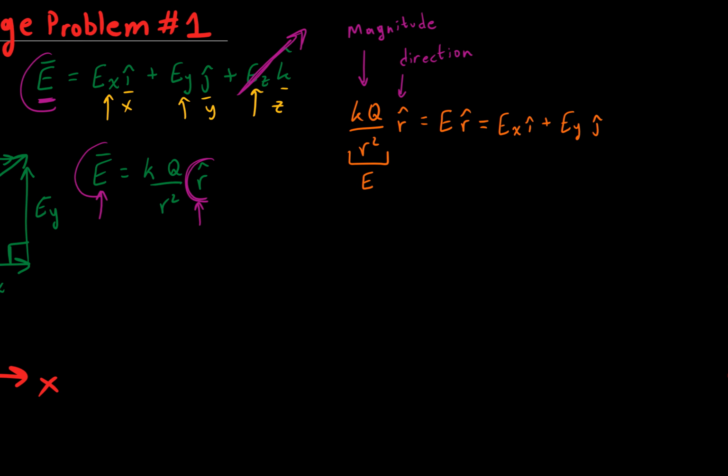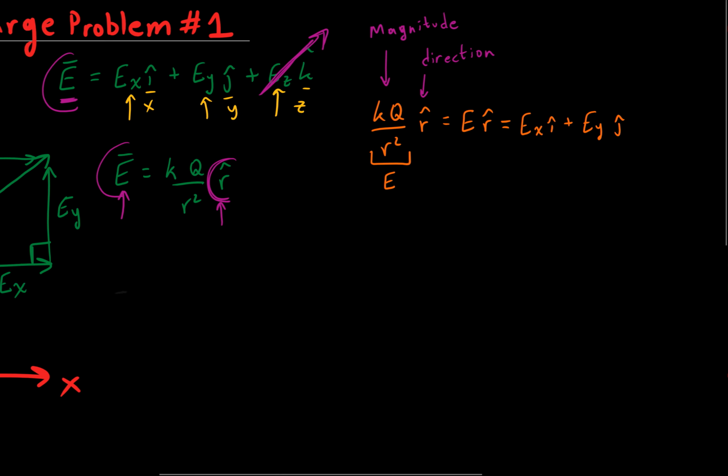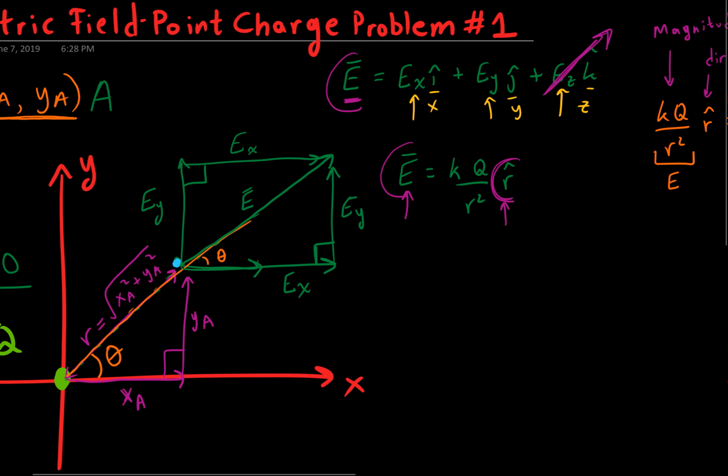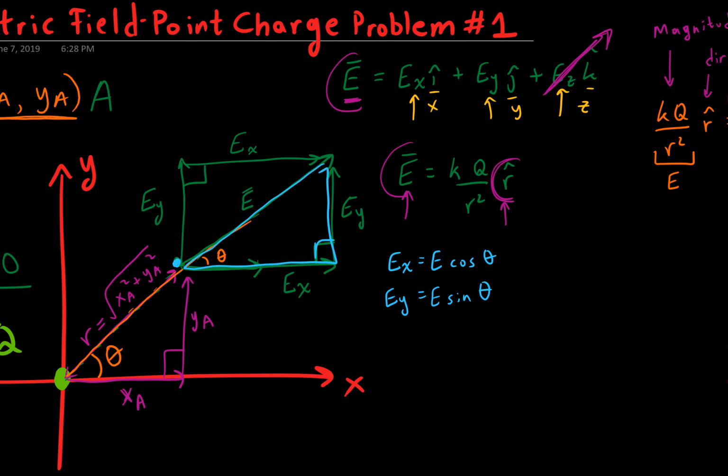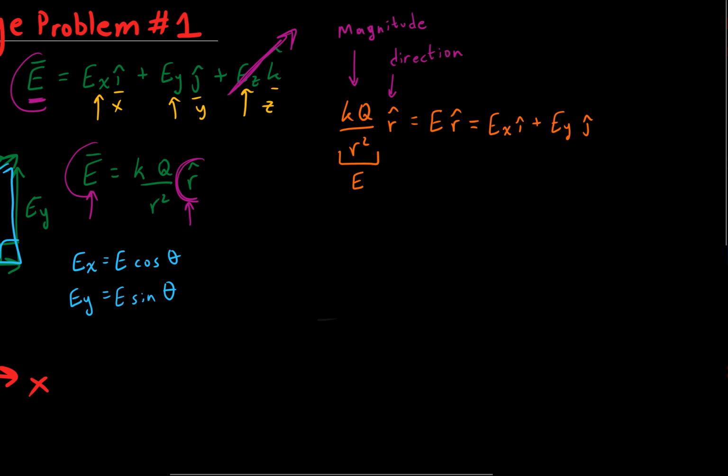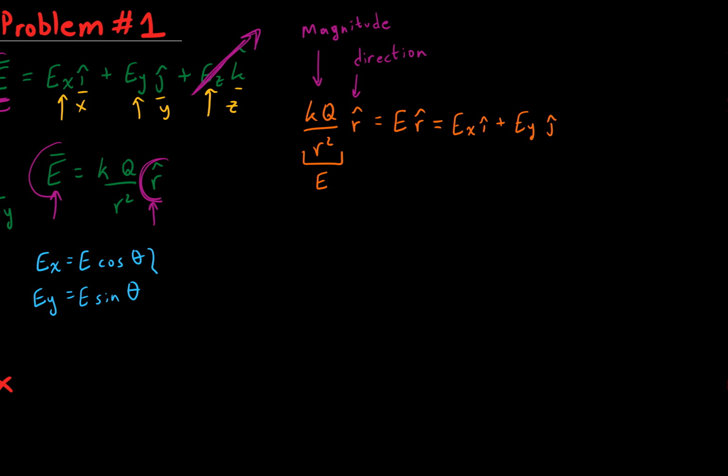Okay, and now we want to go back to our picture, and we recognize that Ex is equal to E cosine theta, Ey is equal to E sine theta. This is what we see in this triangle over here. We discussed this before. So now, taking that into mind, let's plug it in here. And what are we going to get?